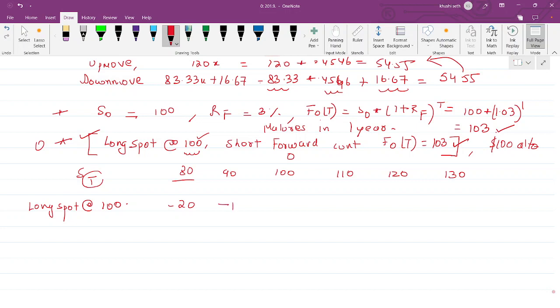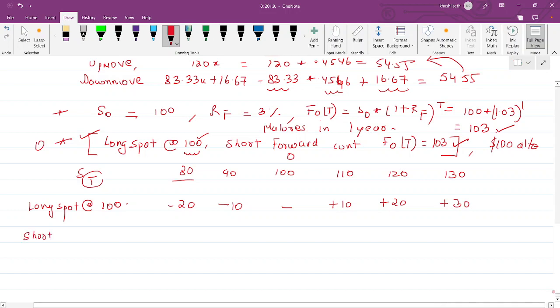If it is 90, I lose 10. If it's 100, no profit, no loss. If it's 110, I gain 10. 120, I gain 20. 130, I gain 30. And let's calculate the payoff of the second leg of that portfolio. We had shorted forward at a price of 103, right?